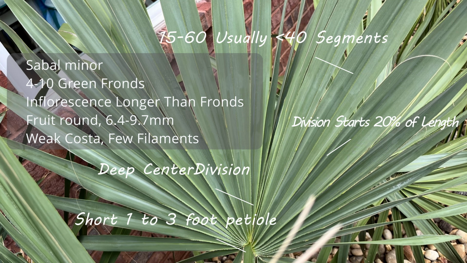But on these sabal minors, generally you have less than 40. Now, they can go up a little bit more than that. In general, on the sabal minors, you're only going to have like 5 to 10 fronds, whereas the palmetto and some of the other palms, obviously, you're going to have a lot more. So anyway, there's another way to know about those.